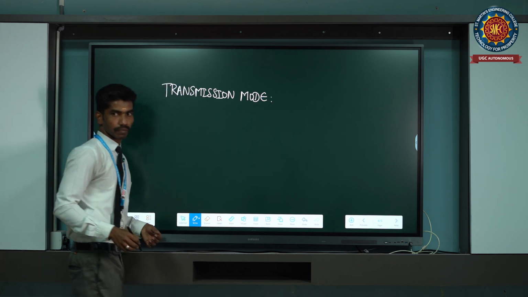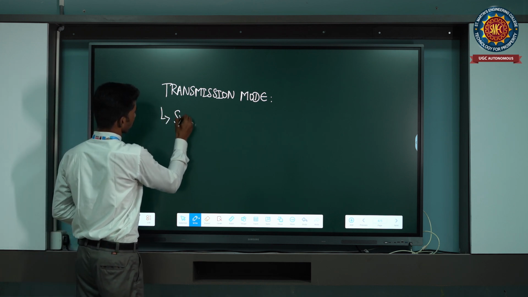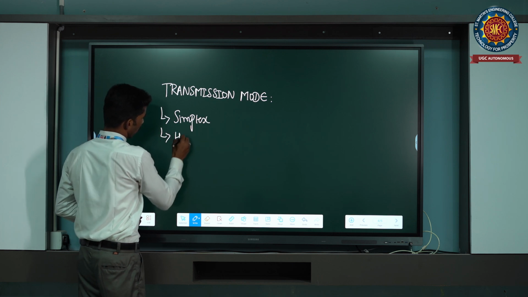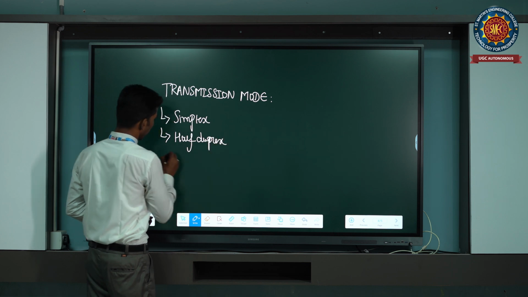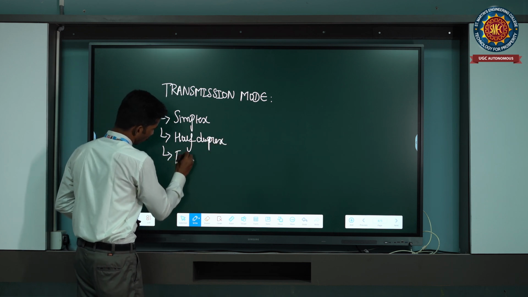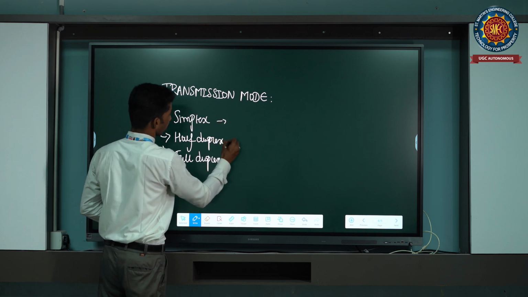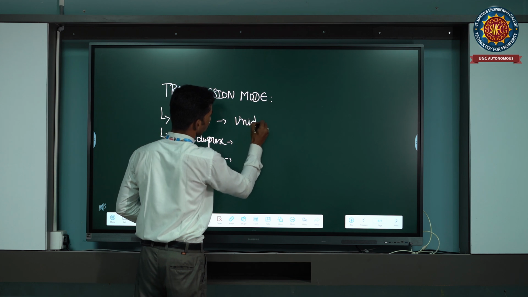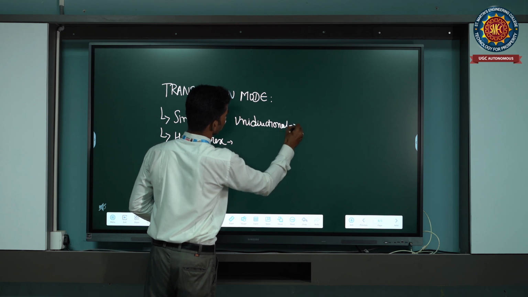In transmission mode we have three methods: simplex, half duplex and full duplex. We already know what simplex is. Simplex is a unidirectional connection.